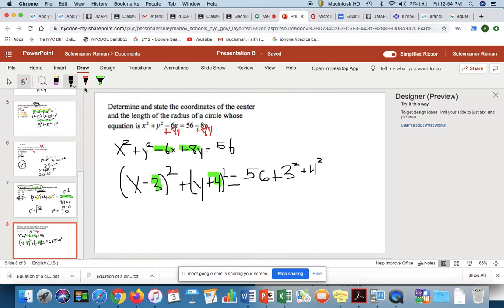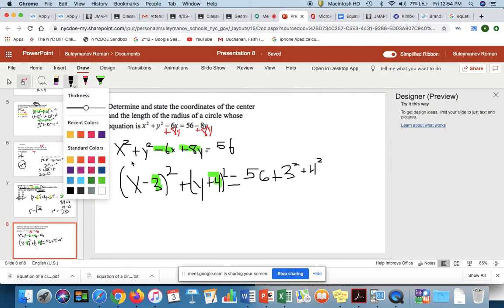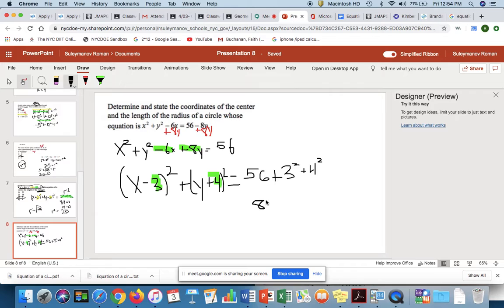So we get 81 equals. I wonder if I could do this.